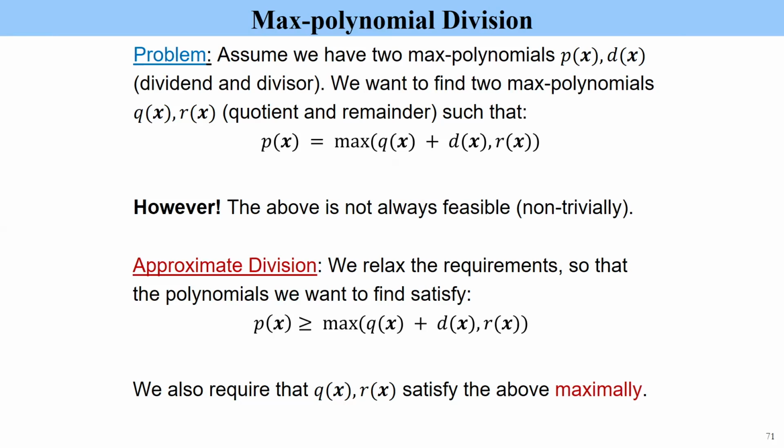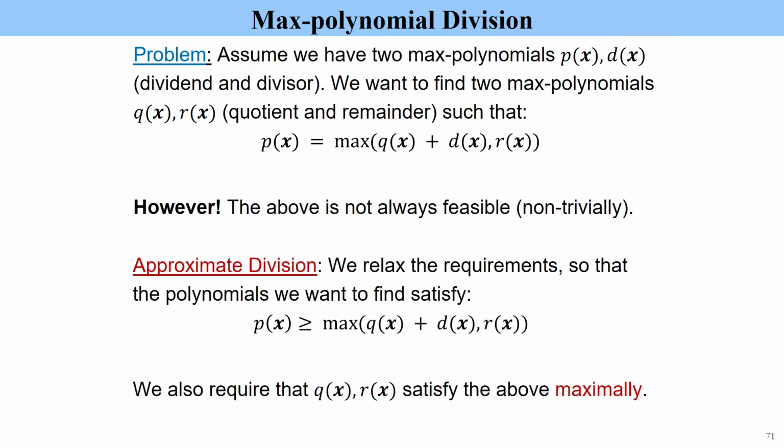So then, in tropical terms, the tropical division means to find a quotient polynomial q(x) and a remainder polynomial r(x), so that the original polynomial p is equal to the max of the sum between the divisor d and the quotient q, and r, the remainder.